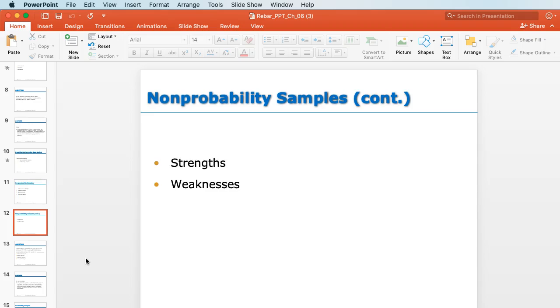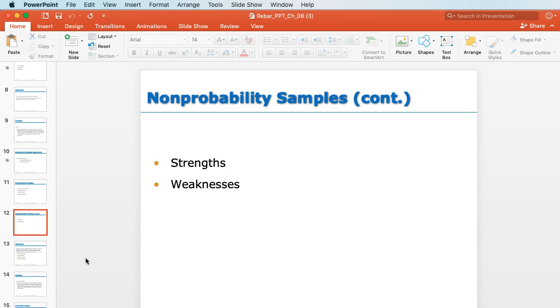So the strengths are that the researcher has the sample in front of them and can efficiently accomplish the study. And as we've noted in class, studies can take a long time. They can be very expensive. So when we add trying to randomize, sometimes that can add on time and cost to the study.